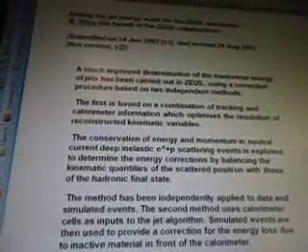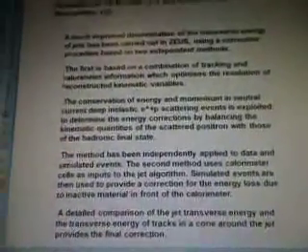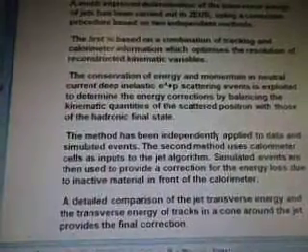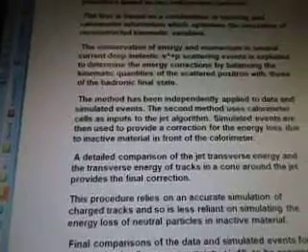The first is based on a combination of tracking and calorimeter information, which optimizes the resolution of the reconstructed kinematic variables. The conservation of energy and momentum in neutral current deep inelastic EP scattering events is exploited to determine the energy corrections by balancing the kinematic quantities of the scattered positron with those of the hadronic final state. The method has been independently applied to data and simulated events.